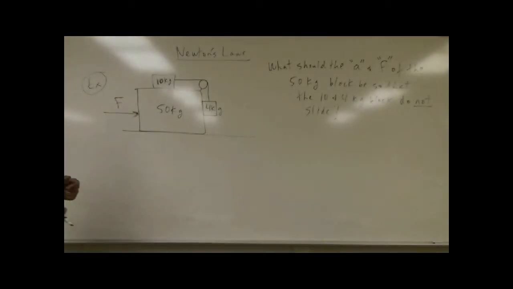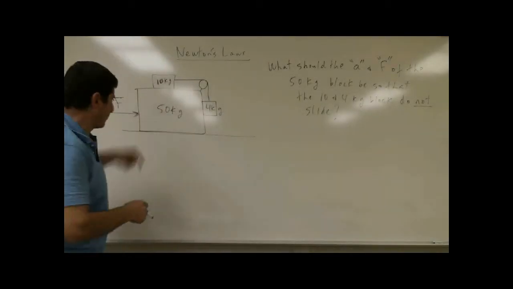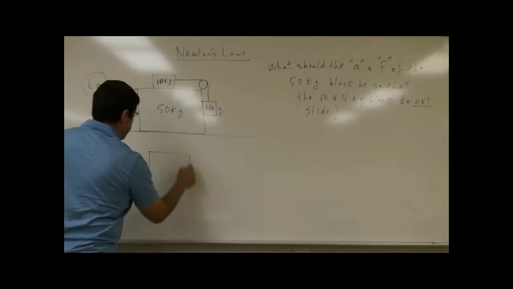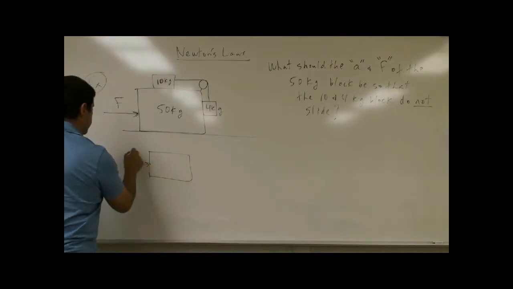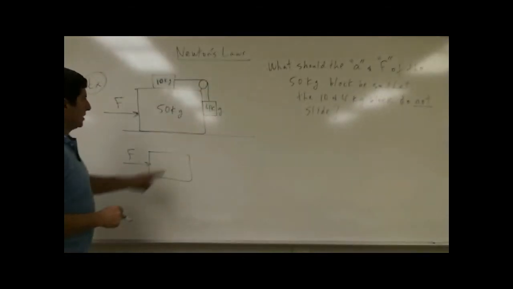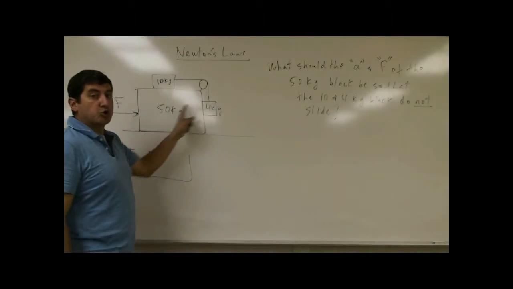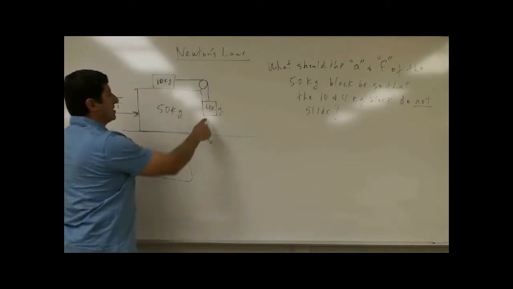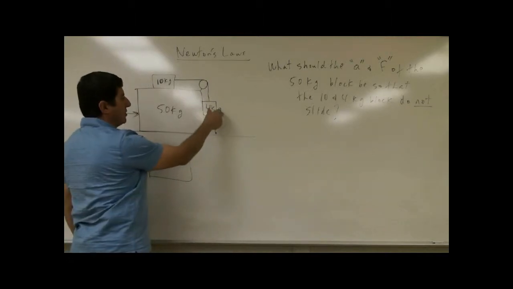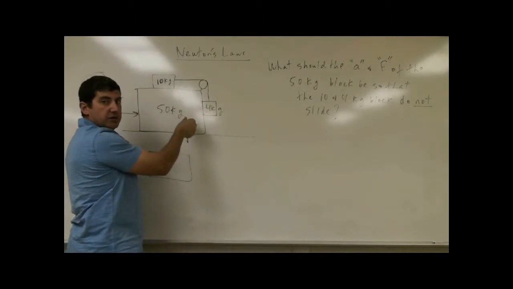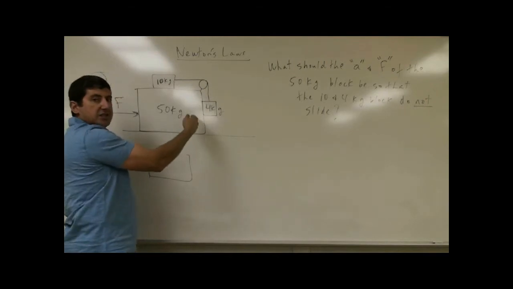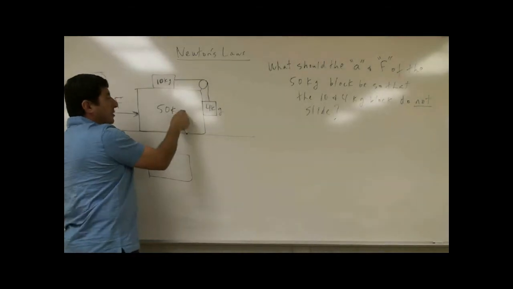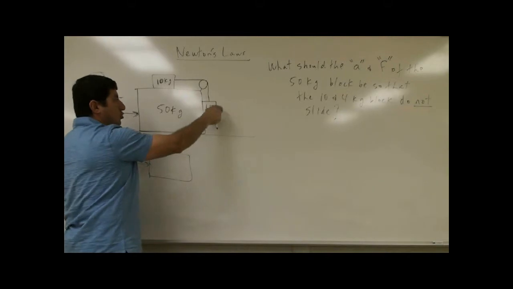Well, here's what's happening. Let's draw the free body diagrams for everything. For the 50 kilogram, you have applying the force F. There is also a mutual force happening. When you first begin accelerating this, the tendency of the 4 kilogram is to want to swing over this way, to stay where it is. But the 50 kilogram is not going to allow this to swing this way.